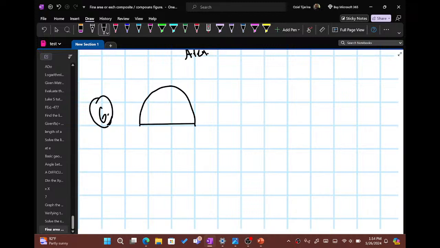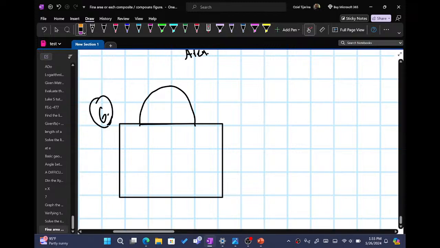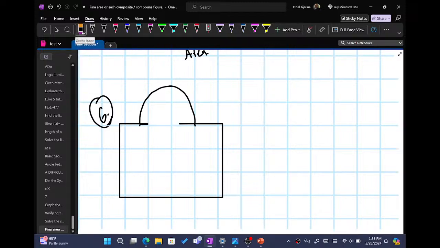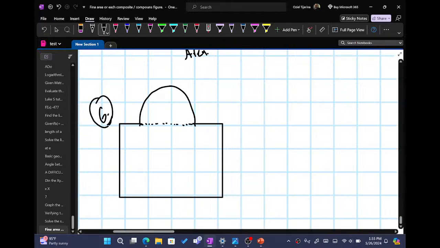I know it's not drawn to scale, but there's this, and then it's going to go kind of like that, right? And instead of this being solid, it's going to be dashed. It looks kind of like a briefcase if you think about it, right?